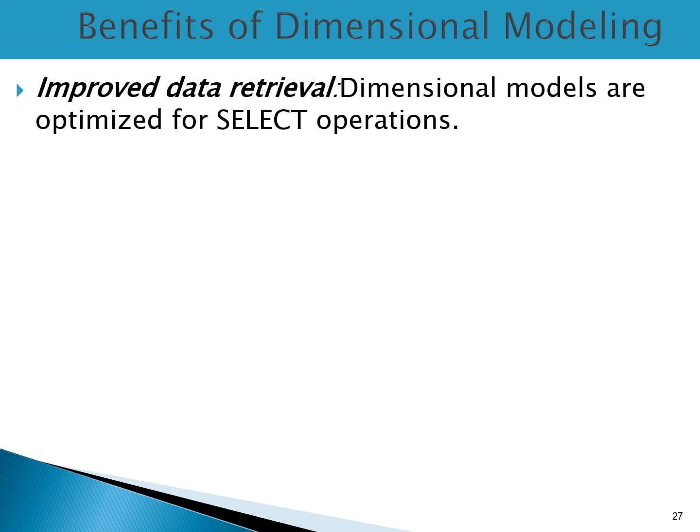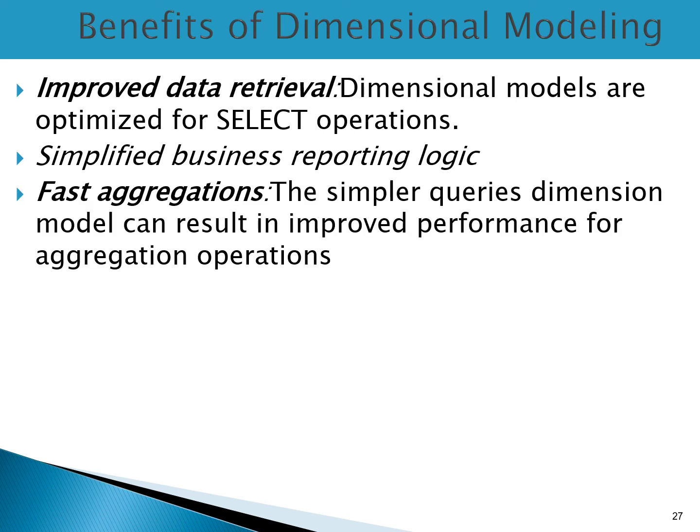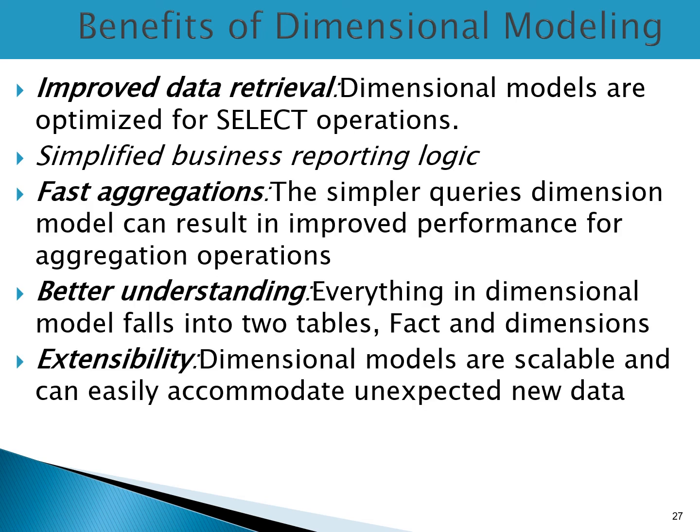So the benefits of dimension modeling, as we discussed, also it improved data retrieval. So it is optimized for data retrieval. It is a simplified model for business reporting. Through this schema you can get fast aggregates easily.